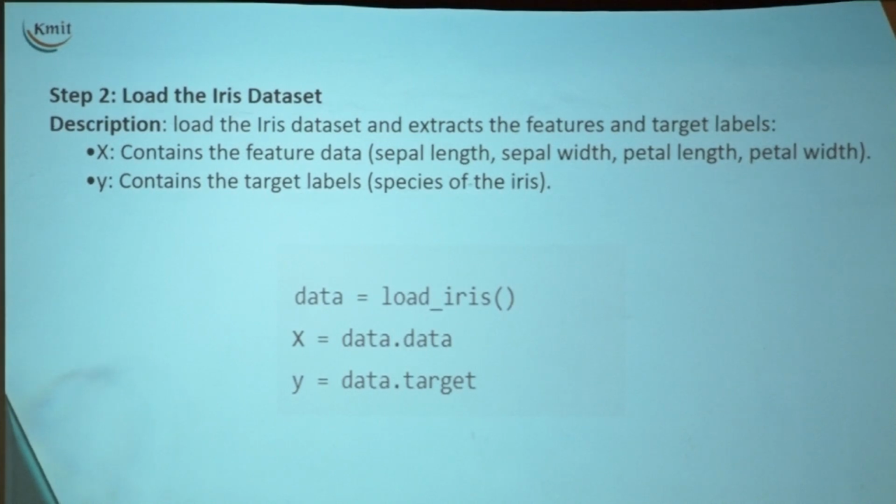You can view your iris data set. The input features are given as data, which is x, and the output is given as target. Hence y is equal to data.target. Load the iris data into a variable called data, define x and define y.